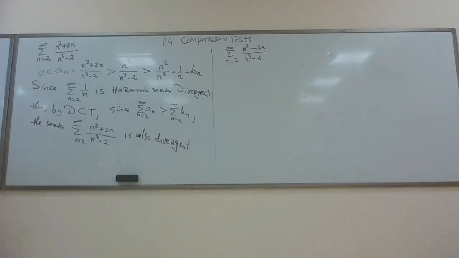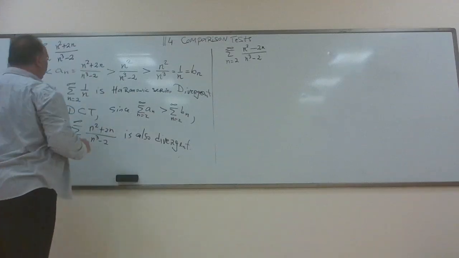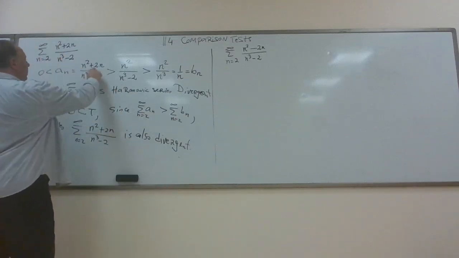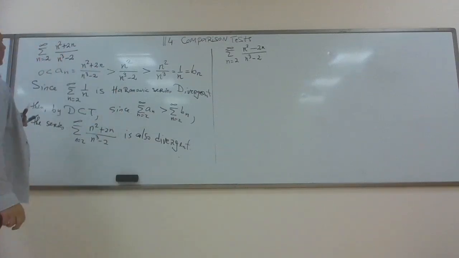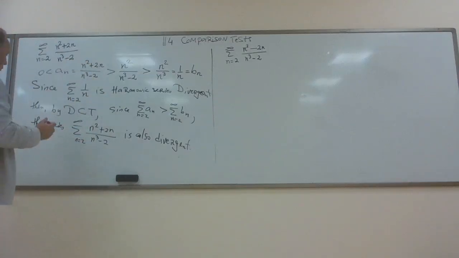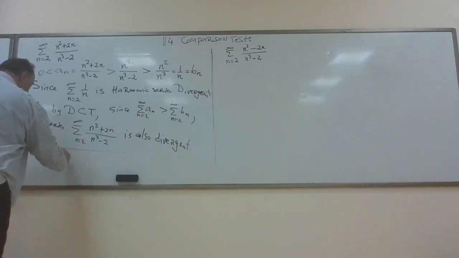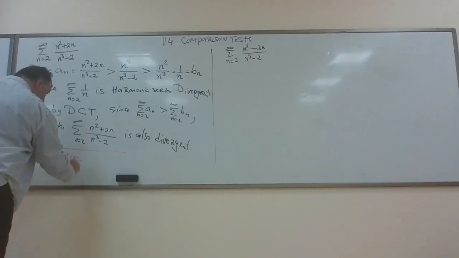Now what would happen if someone would say, well, here you picked n squared, true, but you could have picked 2n also, true. As a general rule, we take the highest power, the dominant term. But what would happen if we didn't? Then I would have my a_n, so n squared plus 2n over n cubed minus 2.